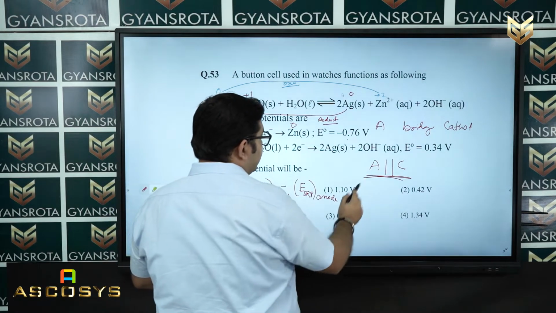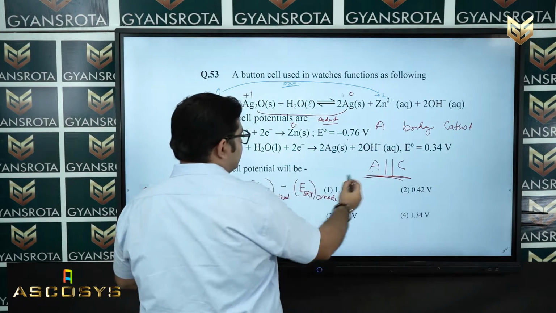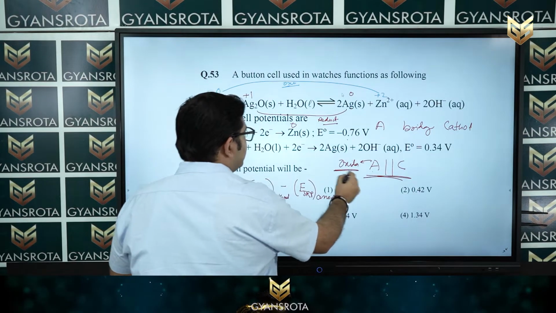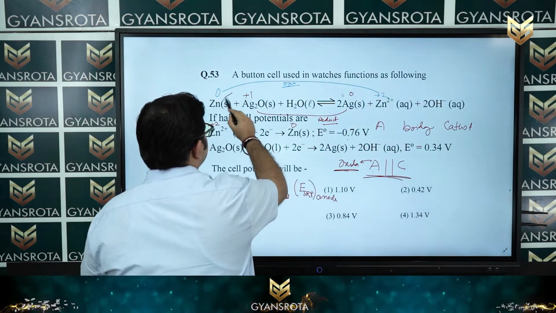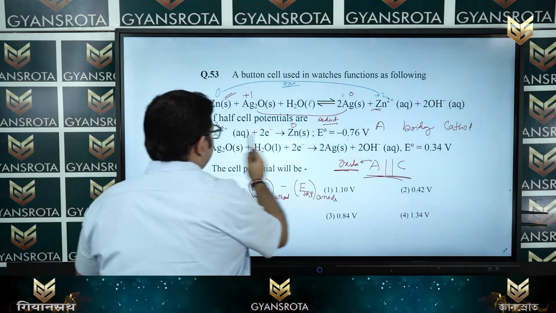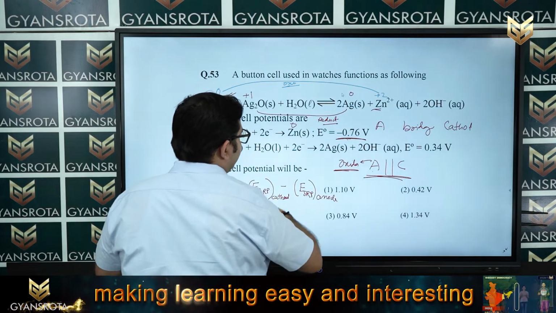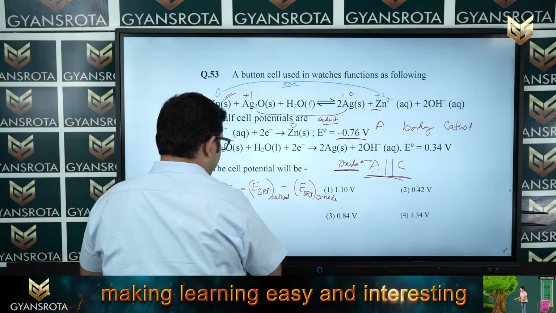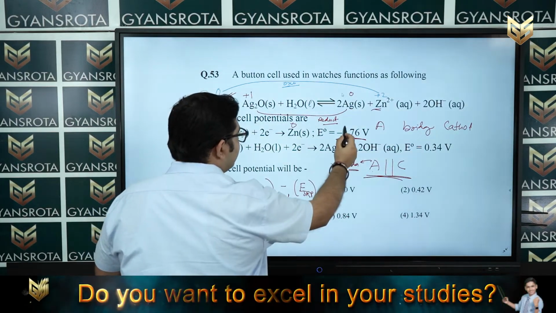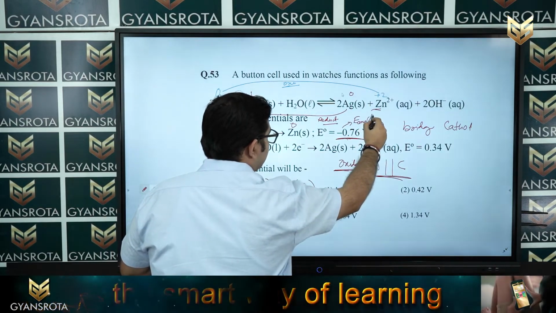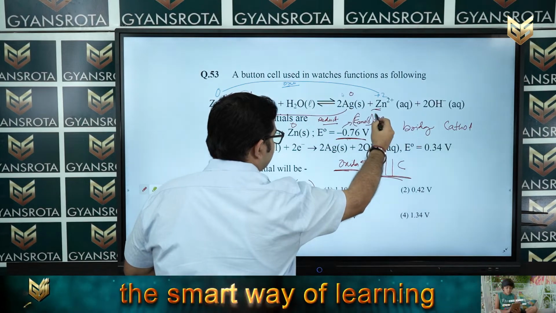Now, at the anode, oxidation takes place. This process is undergoing oxidation. Now, they are giving the reduction potential value. So, E cathode and E anode. This value is nothing but your E anode, the standard reduction potential of the anode.